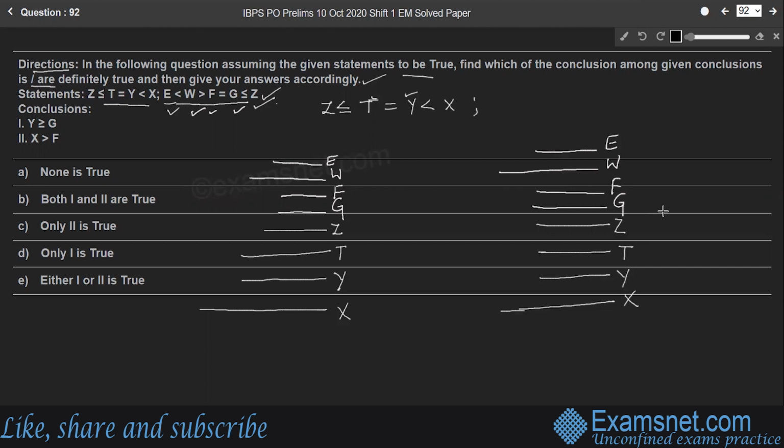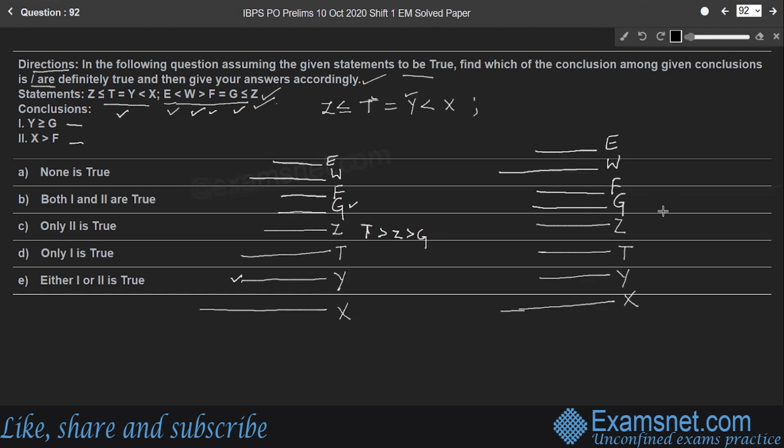Now look at the conclusions. So Y is greater than or equal to G. So in the first case, look at the line Y, right, and G. Y is greater than G because Y and T are equal. Therefore, here T is greater than Z and Z is greater than G here, right?